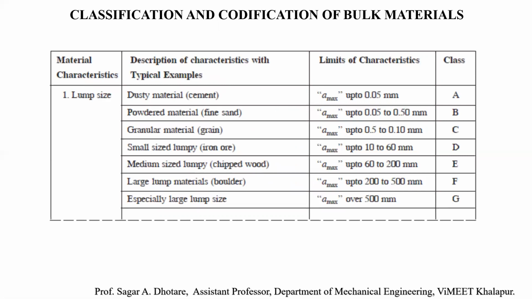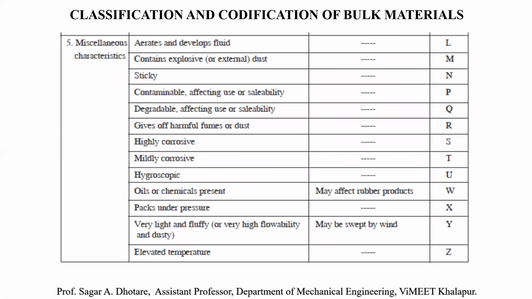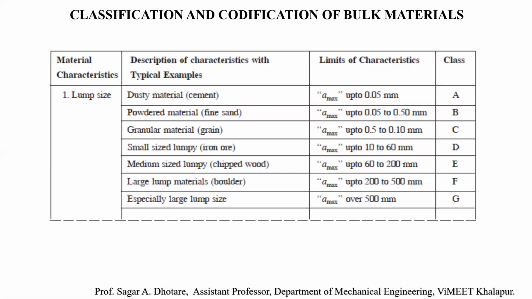Here, the material characteristic is lump size, then the description of that lump size. If you consider a dense material like cement, the limit of the characteristic is a maximum of up to 0.05 mm and the class is A. Similarly, we find out a few details about the type when we specify the lump size.